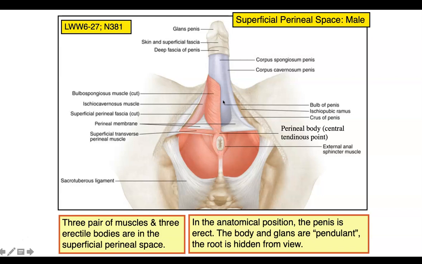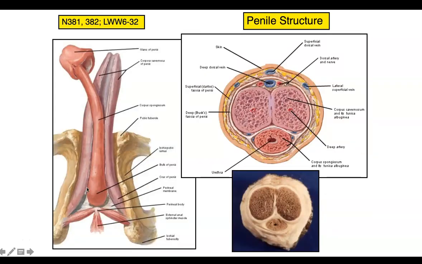So the bulb of the penis and crus of the penis are called the root of the penis. And the bulb of the penis and crus of the penis are the erectile tissues of the penis. The bulb of the penis is continuous anteriorly with the corpus spongiosum penis.